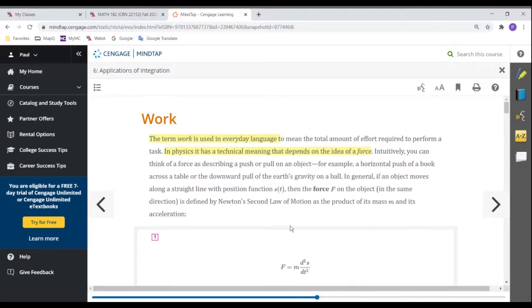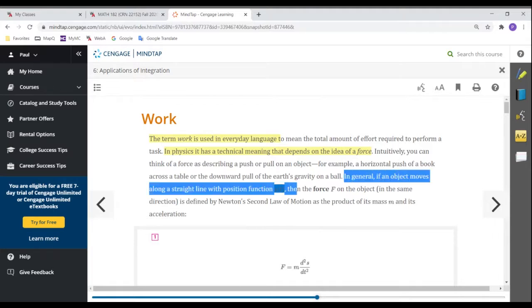Intuitively, you can think of a force as describing a push or a pull on an object. For example, the horizontal push of a book across the table or the downward pull of Earth's gravity on a ball.